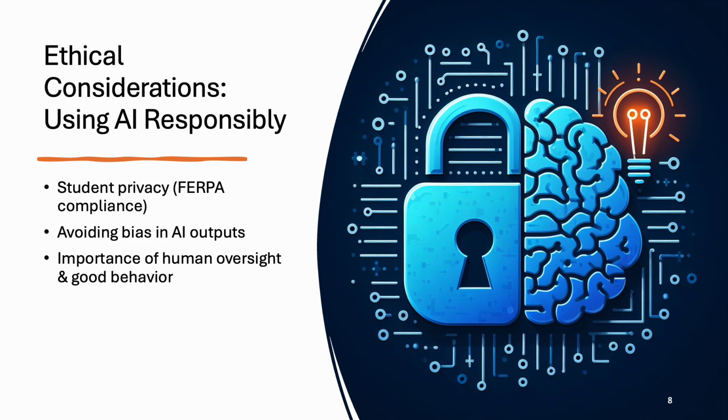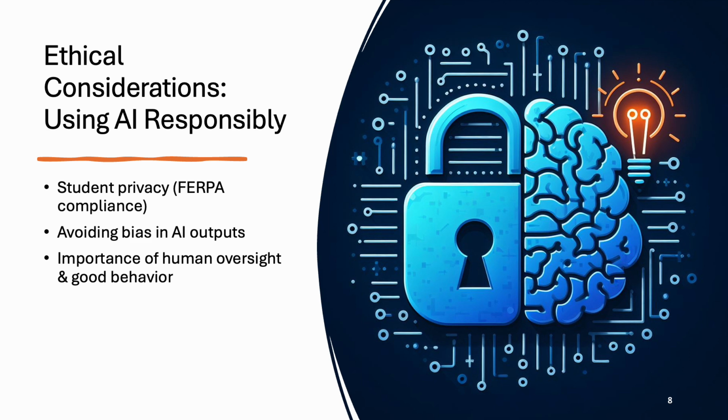Of course, with any powerful tool, there are important ethical considerations to keep in mind. One of our top priorities is always protecting student privacy. Here at the University of Pittsburgh, we strictly adhere to FERPA regulations. When using LLMs, it's important to never share student data or student work with an AI model unless it is verified to be FERPA compliant.